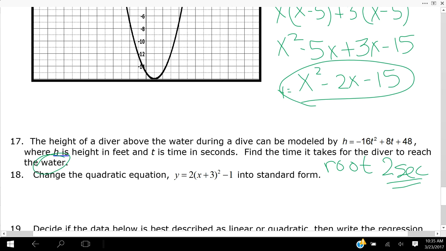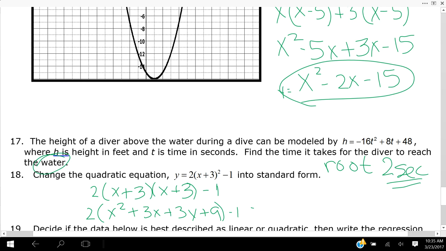Okay. Changing 18 to standard form. All I'm doing is multiplying everything out. So I'm multiplying out 2 times x plus 3 times x plus 3 minus 1. So I have 2 times x squared plus 3x plus 3x plus 9 minus 1.